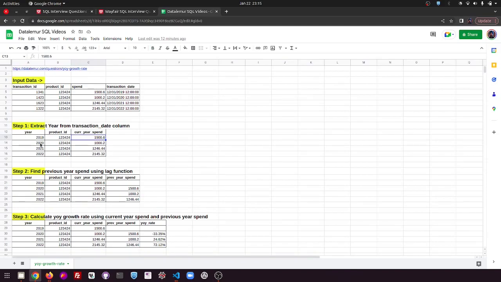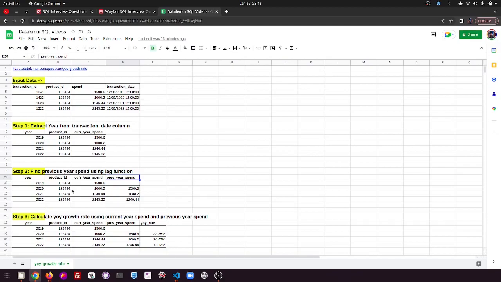Now when we have this data, we can calculate the previous year spend by the lag function, which is a window function.